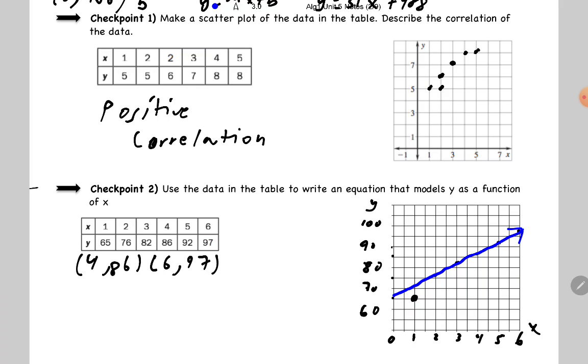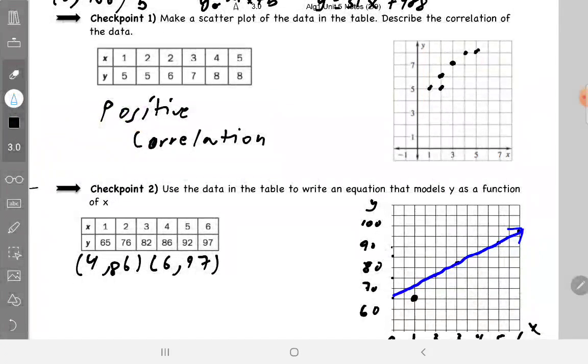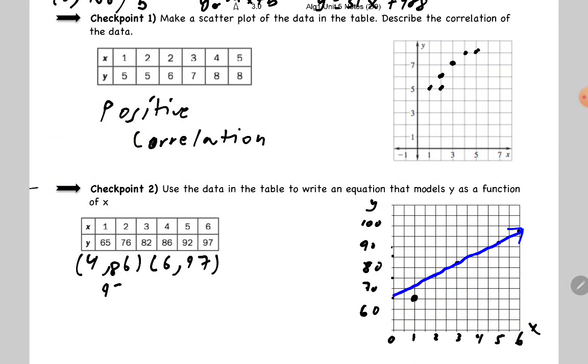So now, we're going to find our slope, because we have to write an equation of a line. Okay. y2, which is 97, minus y1, which is 86, over x2, which is 6, minus x1, which is 4. Which is 11 over 2, which is 5.5.